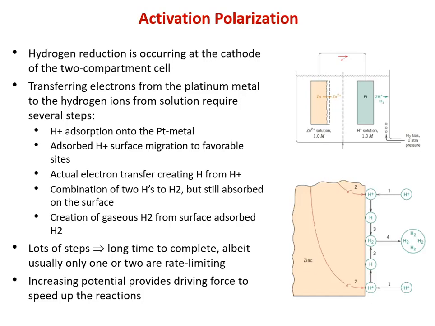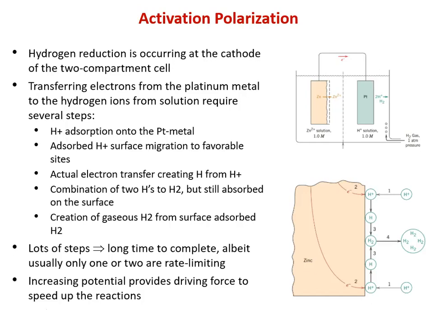As facilitated as that may be with a platinum catalyst, there's a lot of steps, and you can see that down in the schematic on the lower left. You have a hydrogen ion in solution. It has to actually get from solution and adsorb on the metal interface. So that's number one, where the ion in solution comes and sticks itself physically onto the solid metal interface there, and that's called adsorption. Then in a second step, it has to accept an electron coming from the metal.